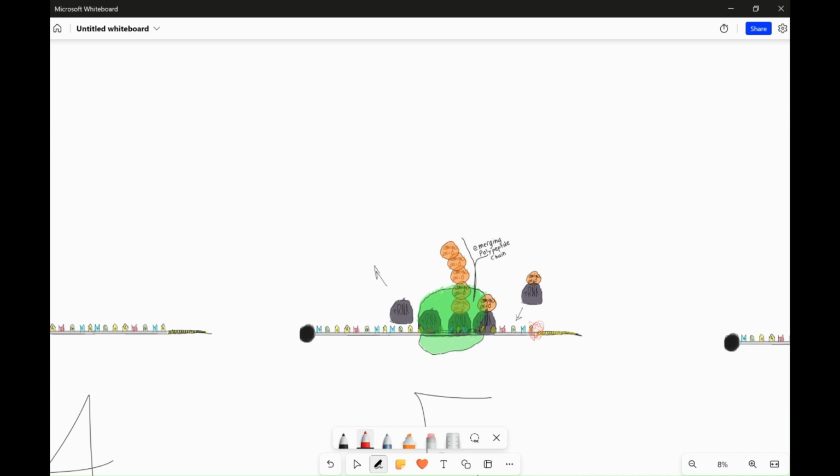But imagine that there are 3 letters over here that tell everything to stop. So the mRNA would continue moving that direction until this thing went in here.